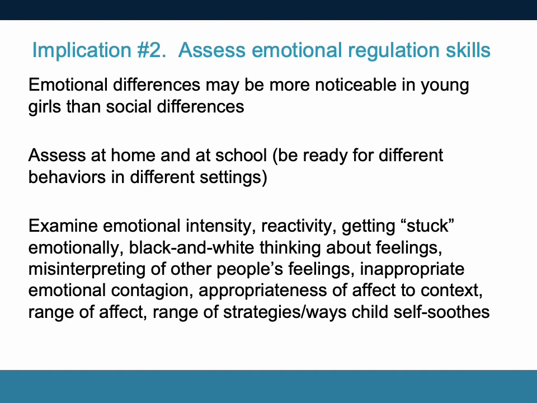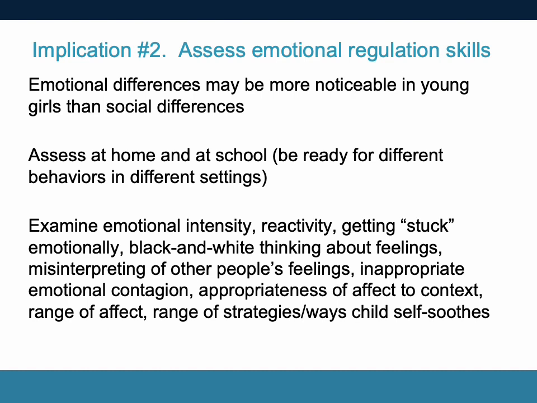It's also important to look for differences in emotion regulation across settings and to look at the aspects of emotionality that I've listed here in the third bullet point, because these are the emotional issues that I've been seeing in my clinical practice and that colleagues of mine report in their clinical practice when they are working with girls on the spectrum.